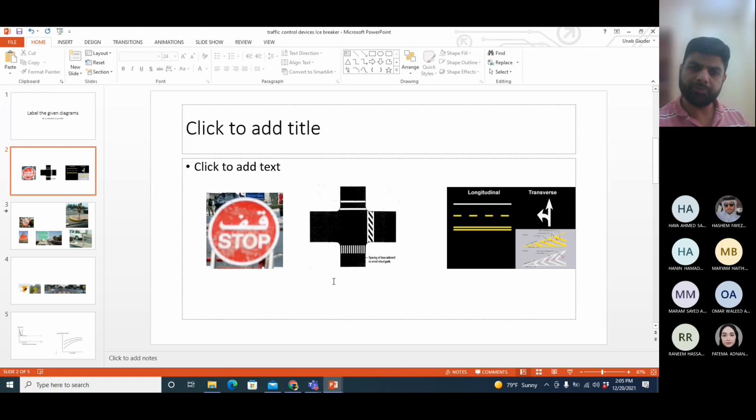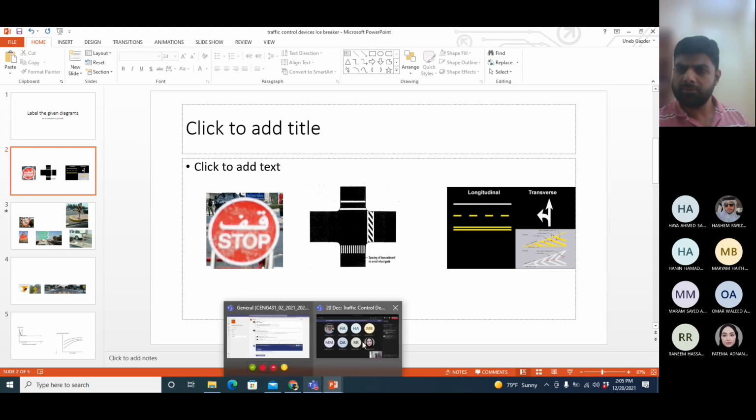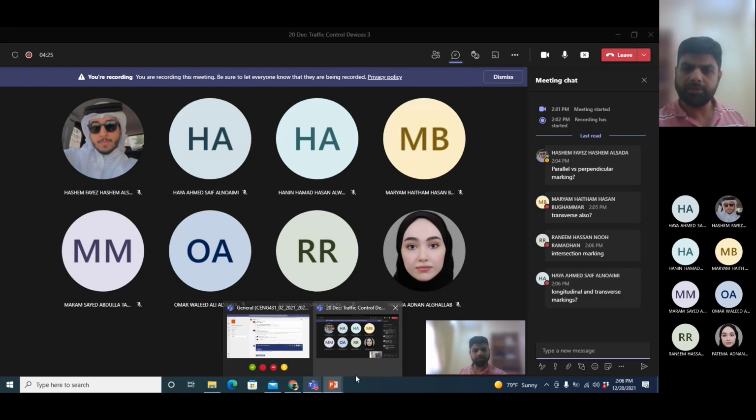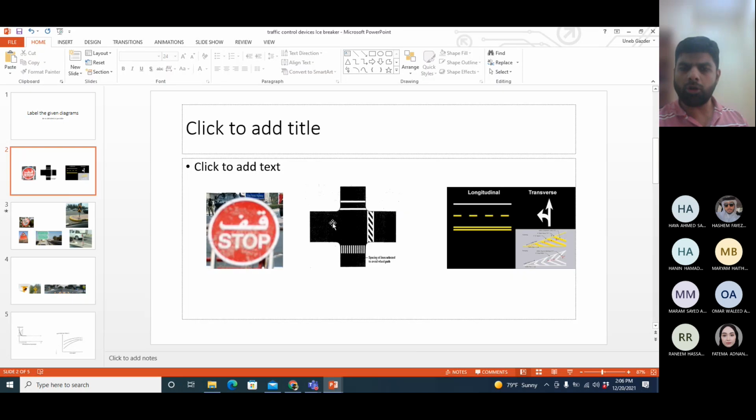What is it showing? Transverse marking, yeah. And where are they used? Intersection marking, good, great. Not longitudinal, there are no longitudinal markings in the middle diagram. All of them are transverse.